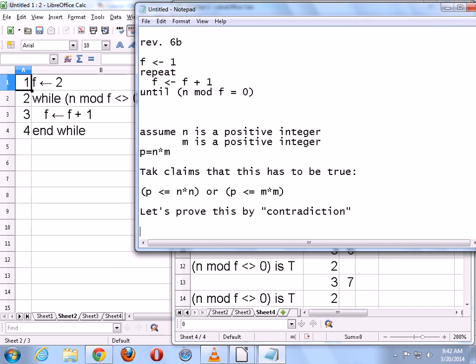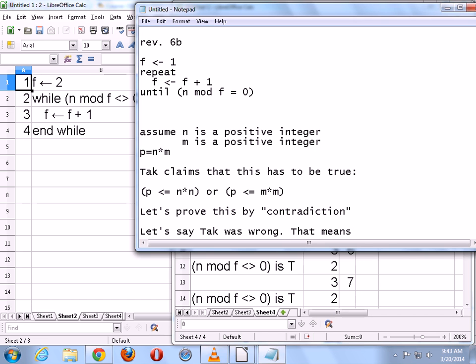So when we prove by contradiction, the first thing is to negate the claim itself. Let's say I was wrong, which happens sometimes. If I was wrong in this specific case, then what I'm claiming is no longer true.